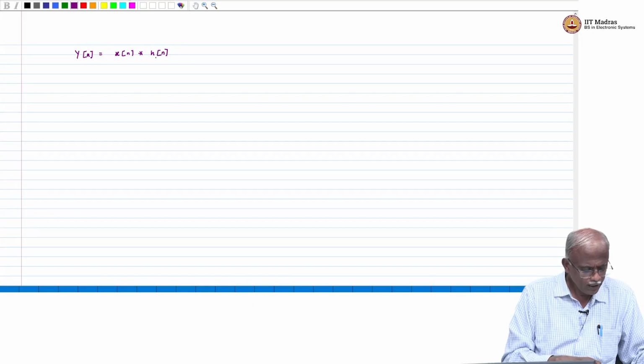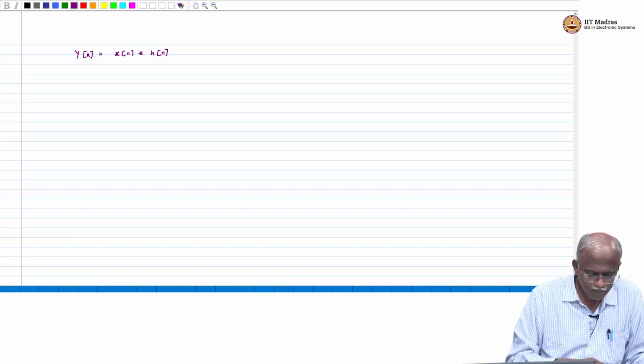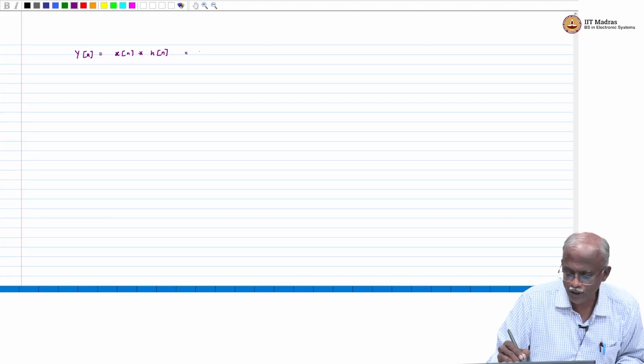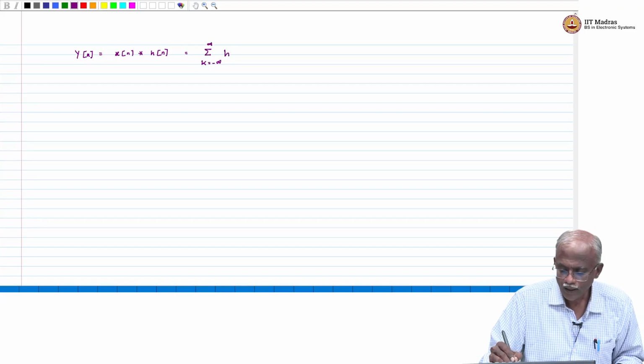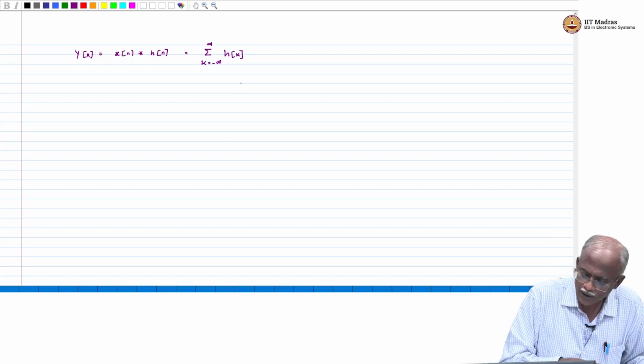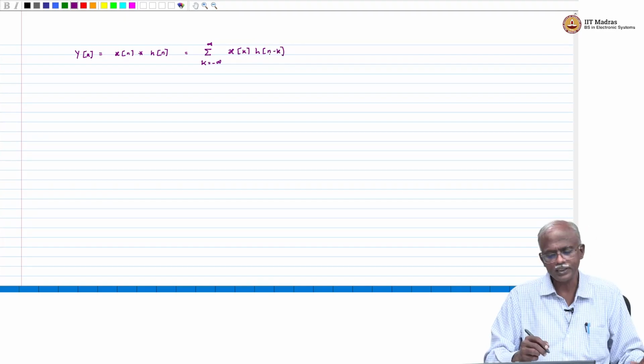You can write down the expression for the convolution and verify that this is equal to the summation over k from minus infinity to infinity of h of k x of n minus k.